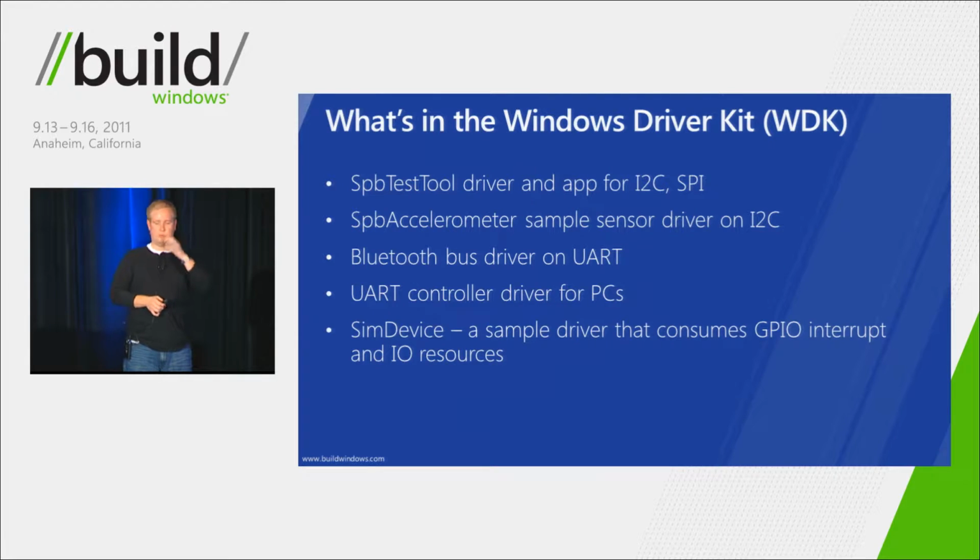That is a simple, fake peripheral driver that loads on I2C and an interrupt, and you can use a command line application to poke and send data and read data, and just digitally prod at your device. Then there's the SPB accelerometer sample, which is a fully working sensor for that Analog Devices part, but really easy to modify for just about any sensor part. I don't want to be too bullish, but I think it can be converted into pretty much any sensor in about a day.